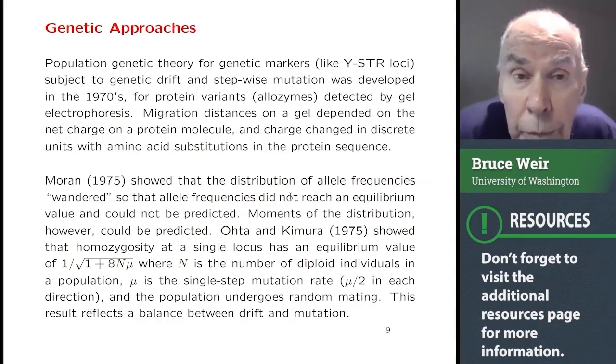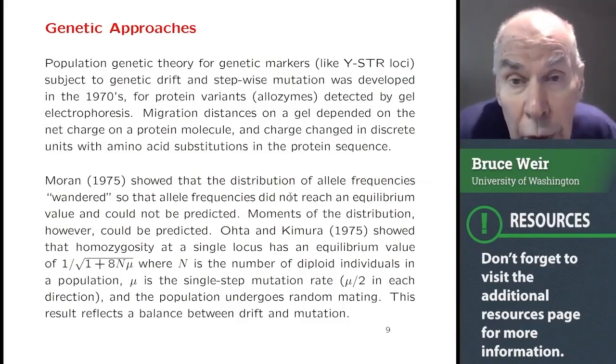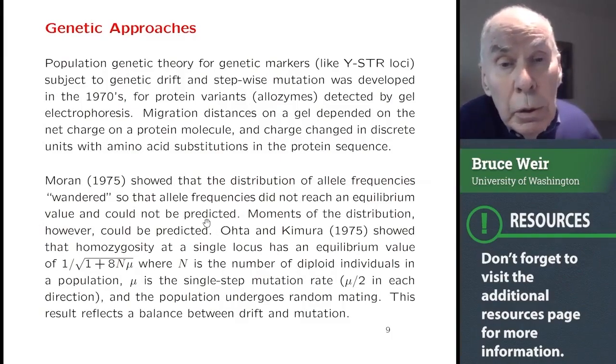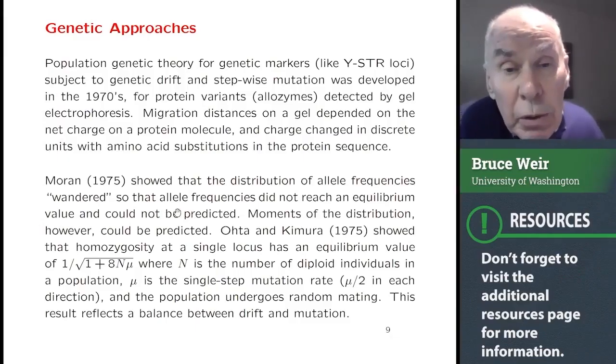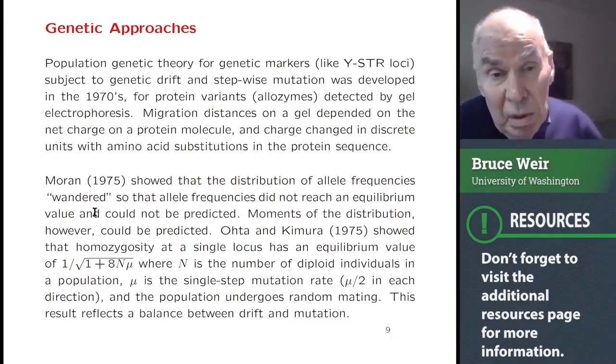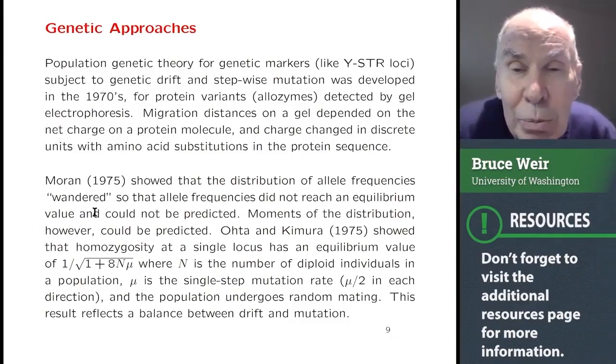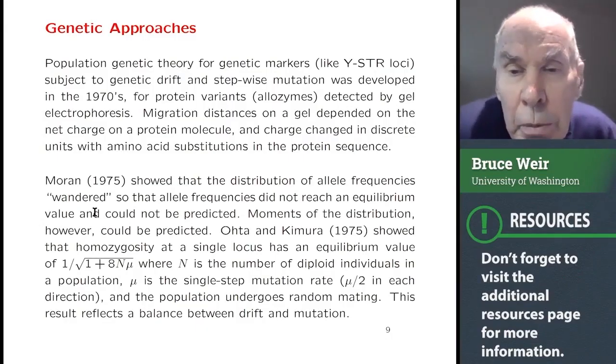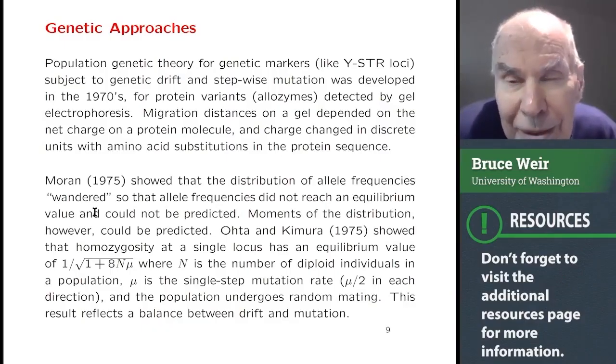So there was a model developed at that time for allozyme data, and Moran showed that the distribution of allele frequencies under that model wandered. So the shape of the distribution was sort of fixed, but it wandered up and down. We couldn't predict what the mean or the mode would be. The variance had a predictable value, but not the mean.